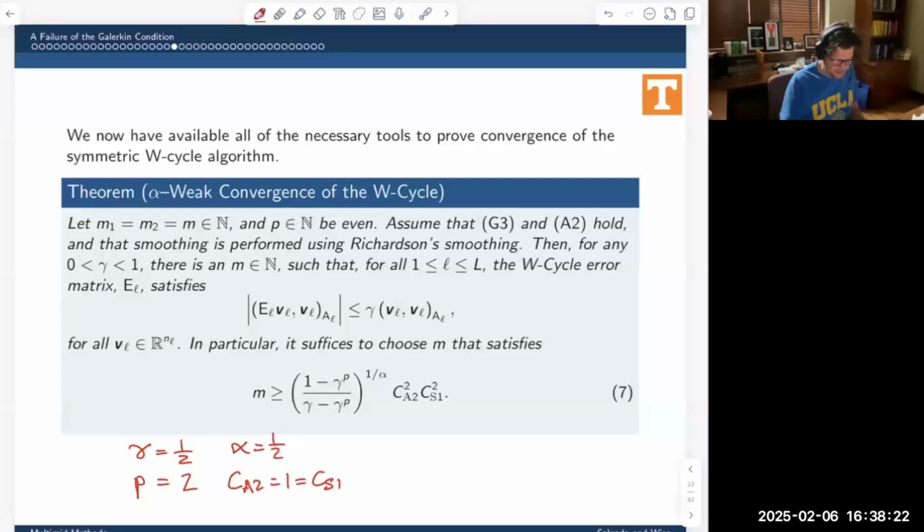So now this tells us exactly how many smoothing iterations in the worst case scenario we need in order to get convergence. So this actually is a fairly practical little result for us. Okay, so M has to be greater than 1 minus, so we said that gamma has to be 1/2. So now we know that this is going to be 1/4, right? And then on the bottom, we have 1/2 minus 1/4.